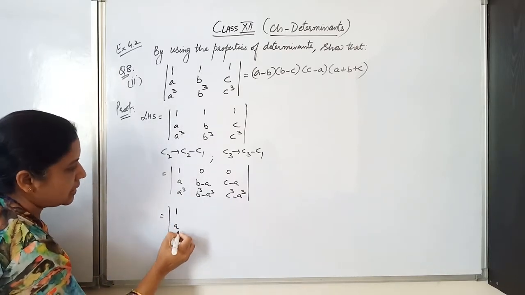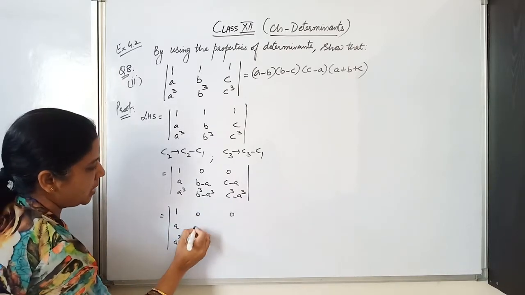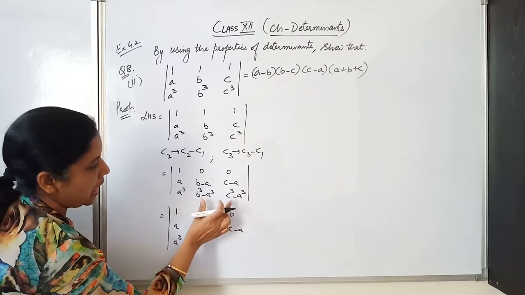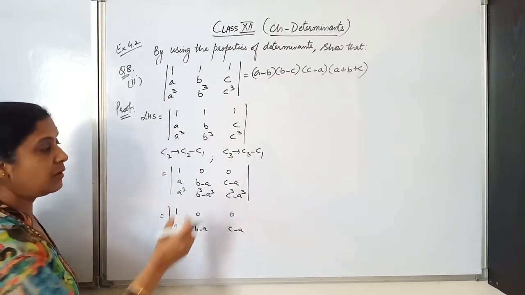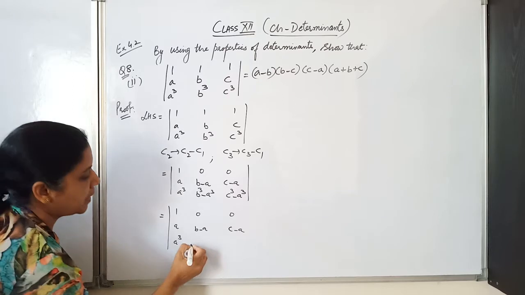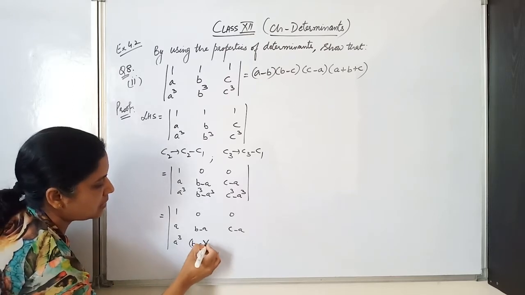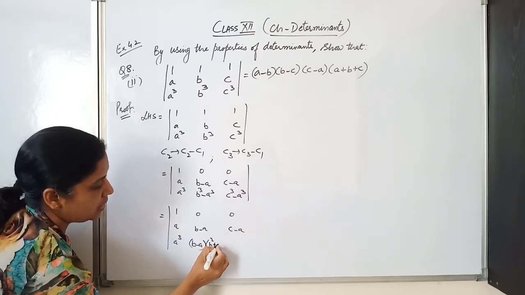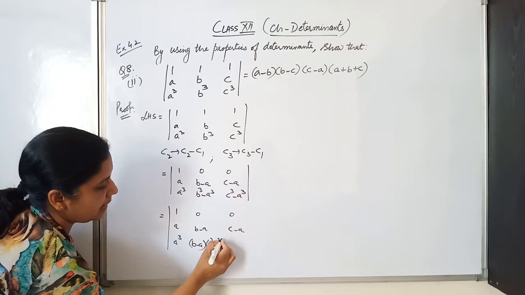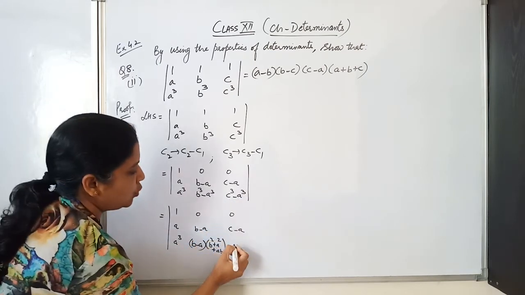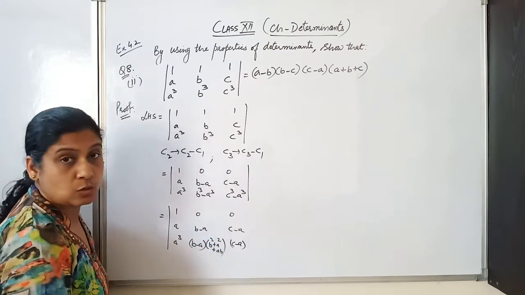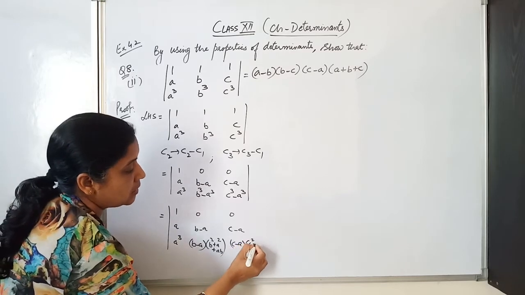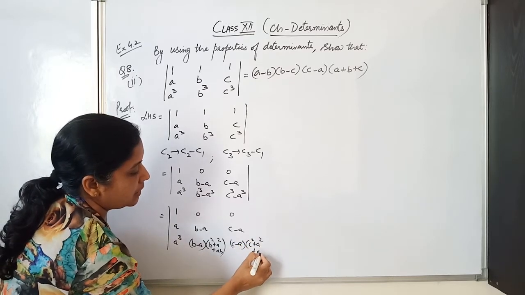If you look at these two entries in the last row, these can be factorized by using the formula B cube minus A cube is B minus A into B square plus A square plus AB. Here I am going to use C cube minus A cube, that is C minus A into C square plus A square plus AC.